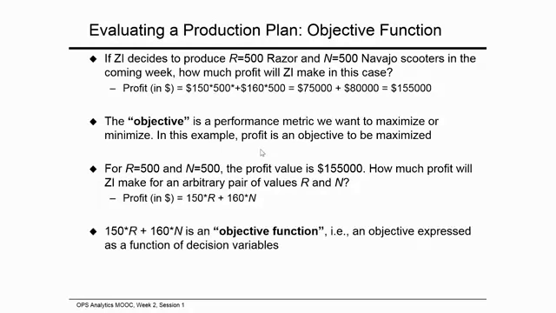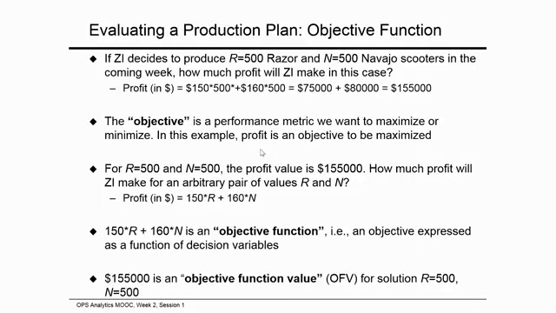And the objective function value is what we get if we plug in a particular combination of decision variable values into the objective function. So, if we plug in 500 and 500 into that formula, we get the objective function value of 155,000.